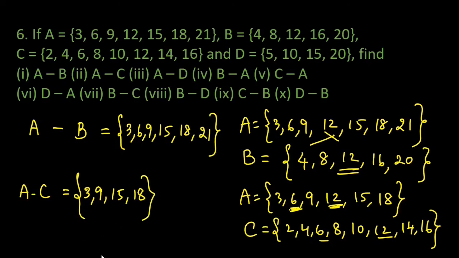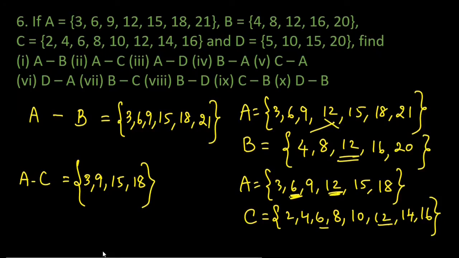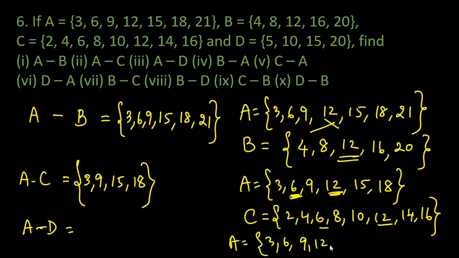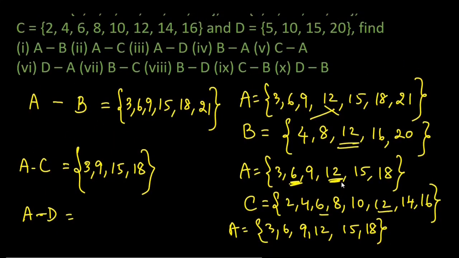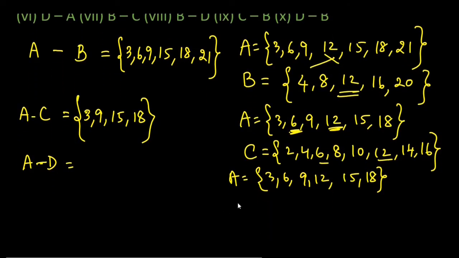Then the third one, A minus D. A is 3, 6, 9, 12, 15, 18, and D is 5, 10, 15, 20.